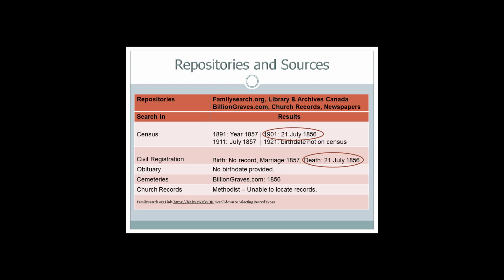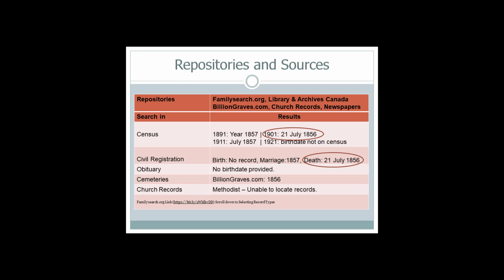And in the left-hand column, you search in census records, civil registration, obituaries, cemeteries, and church records, and in the right-hand column are the results. So let's take a look at this.